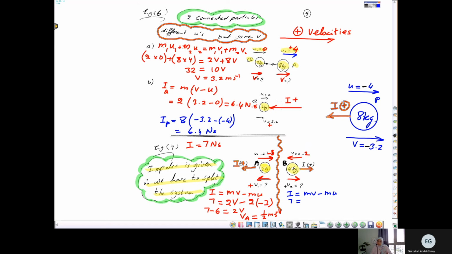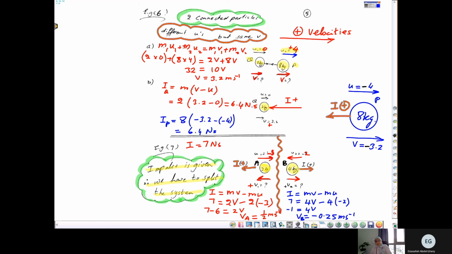A on B, B on A, both of them are 7. The mass of B is 4, into the final velocity, which is positive, minus the mass of B, which is 4, into the initial velocity, which is -2. And minus minus equals plus 8. 8 will cross the bridge and change the sign. So 7 minus 8 will be -1. 4V, it means the final velocity of B is -1/4.